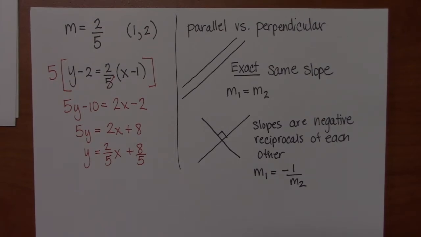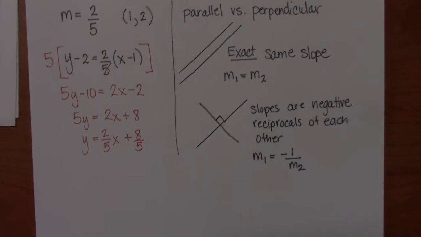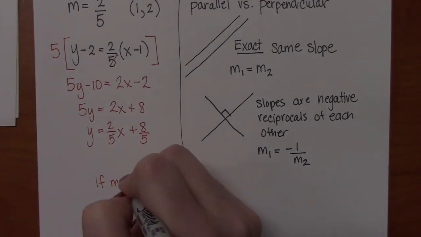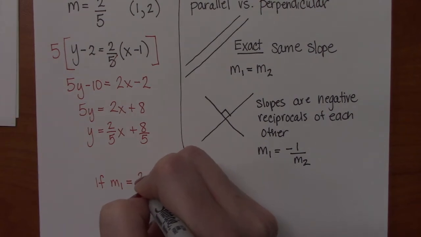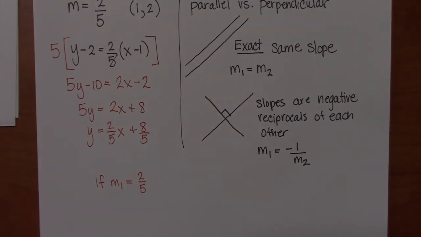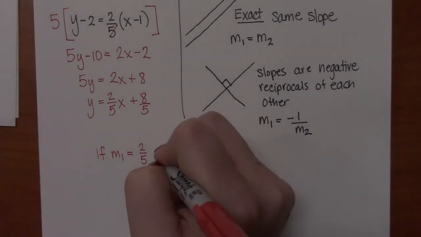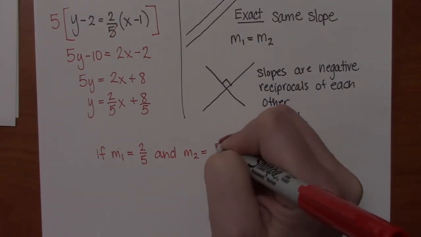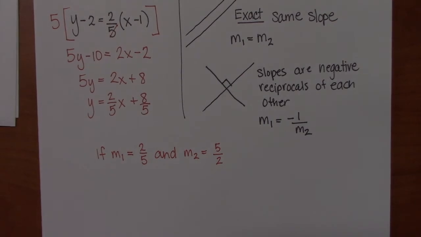So one thing you want to be careful with, right? If m1 equals 2/5, right? And we have a second line whose slope is 5/2.